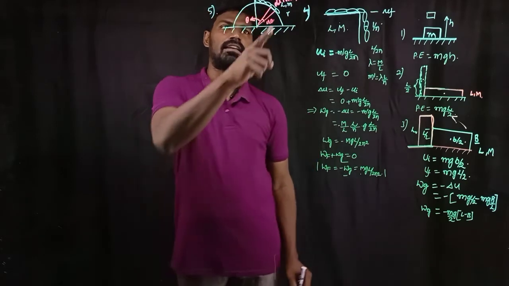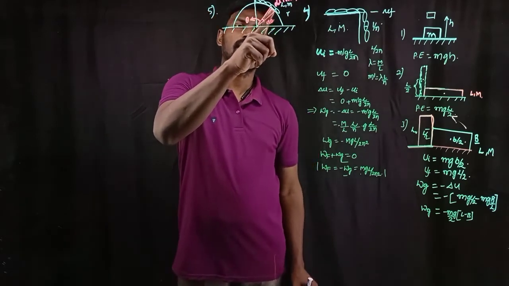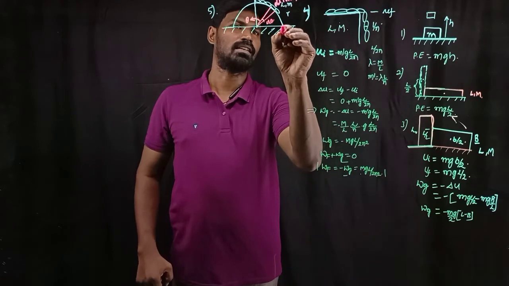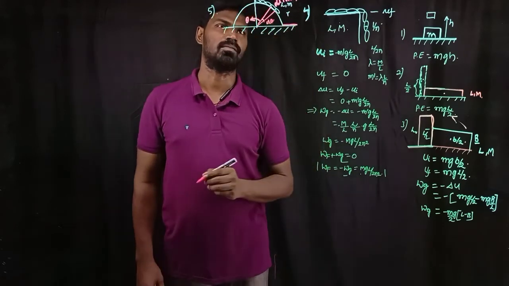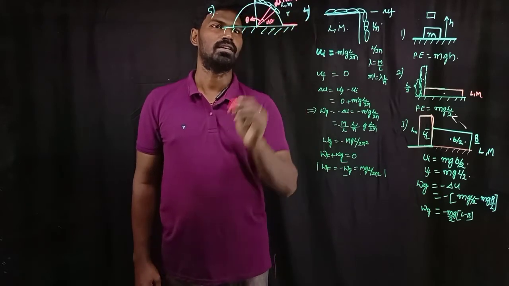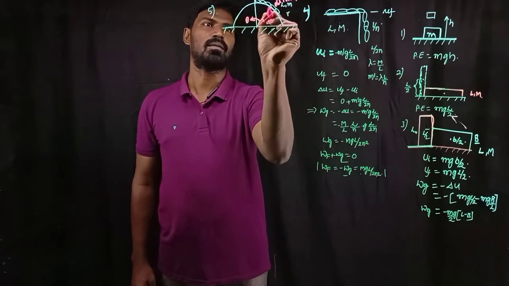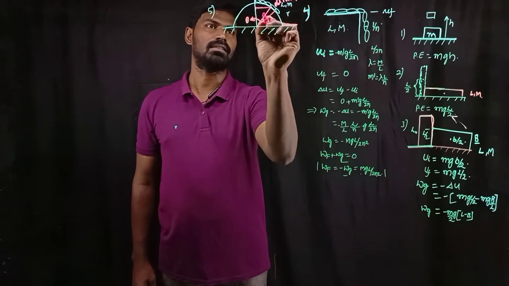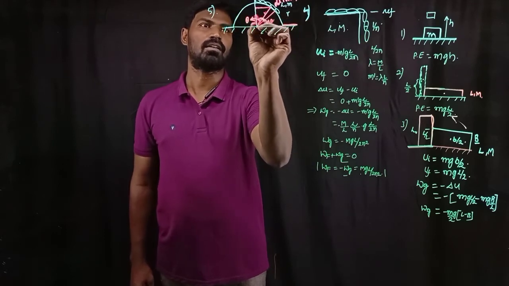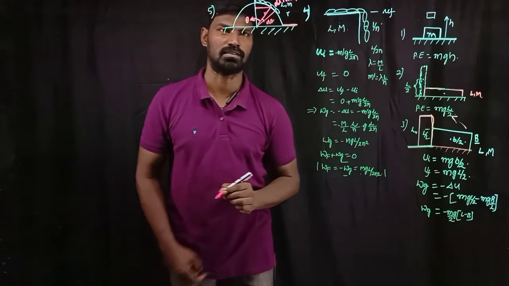First I will calculate the height of the center of mass, taking this horizontal line as the reference line, for this small element dl. As the radius is r, if you complete a right angle like this, the component of r in the vertical direction is r cos theta.